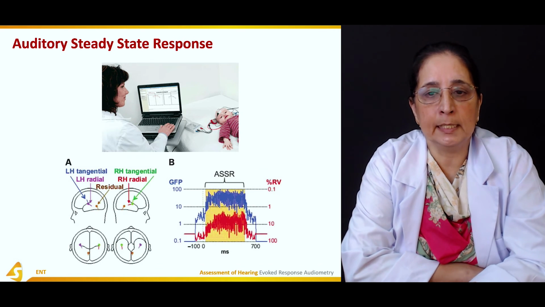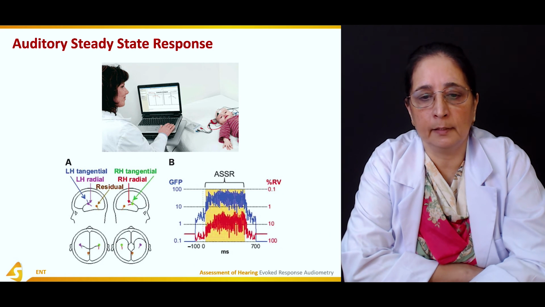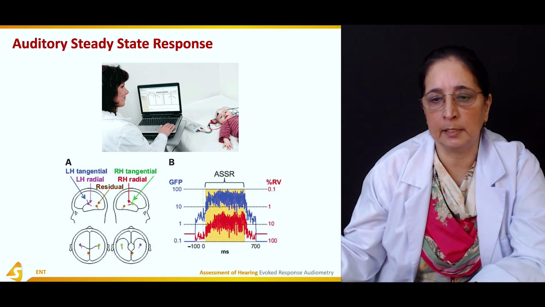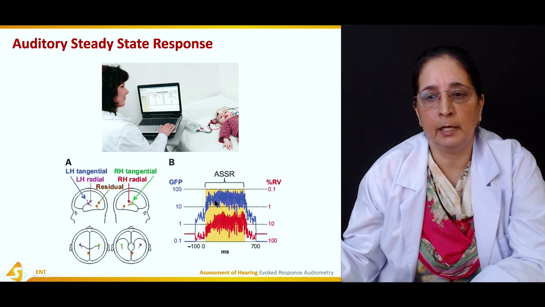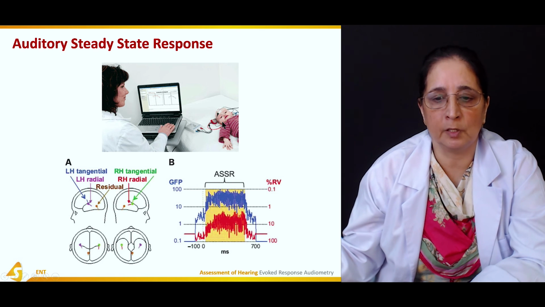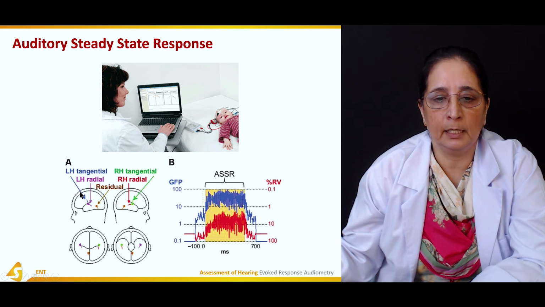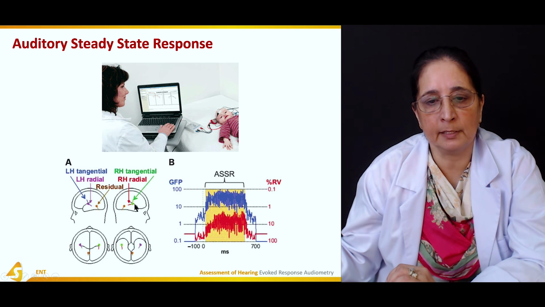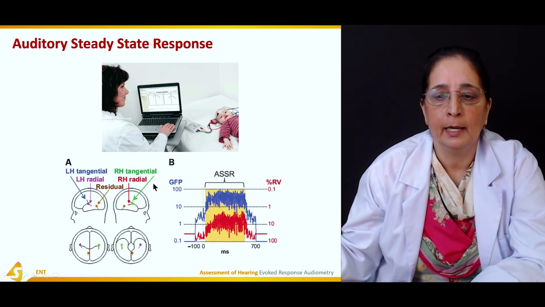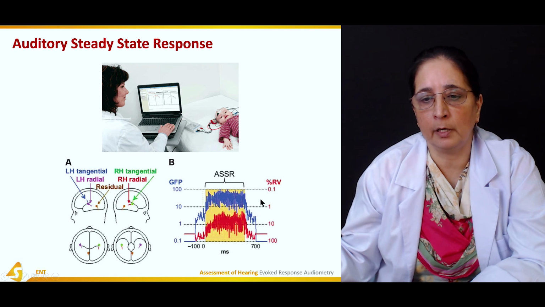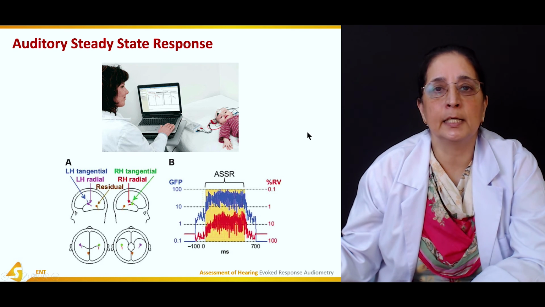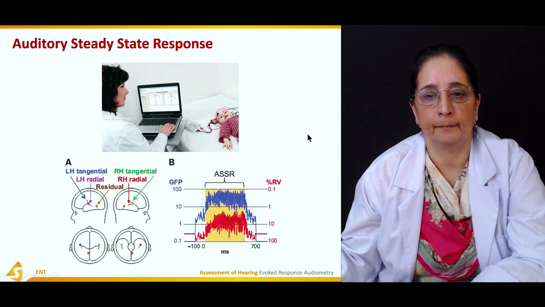Next, auditory steady state response. That's the graph we get in the steady state response. We have the electrodes attached to the left hemisphere and right hemisphere, tangential and radial, and that's the recording of auditory steady state response.